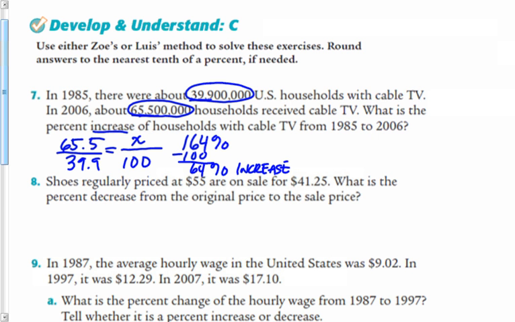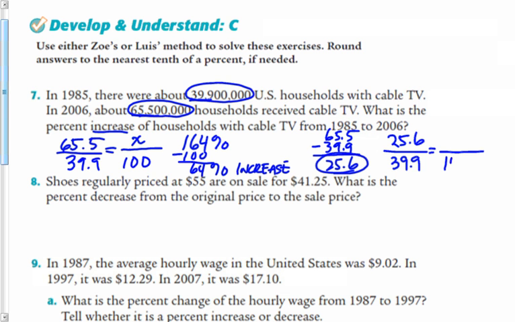The other way is to find that increase first. So take the 65.5 million and subtract the 39.9 million first, and just find out how many more households receive cable TV. If we do it that way, we get 25.6, and now I'm going to use that number to find the percent. So I'm going to compare that number, 25.6, the increase in the number of households that have cable TV, to the original number, which is 39.9.